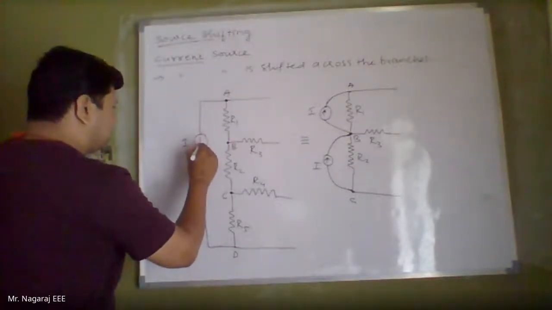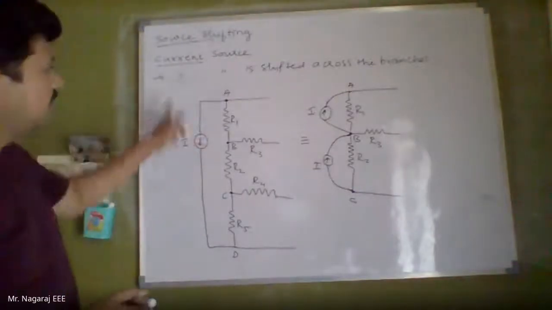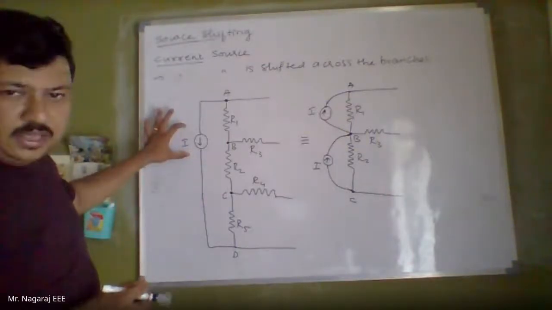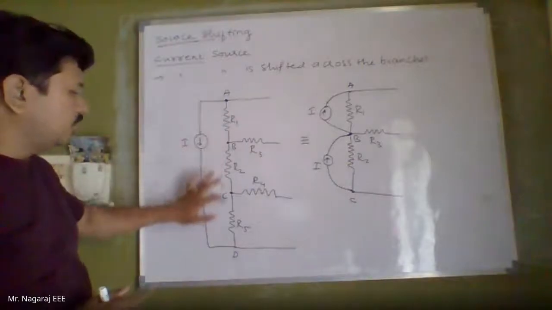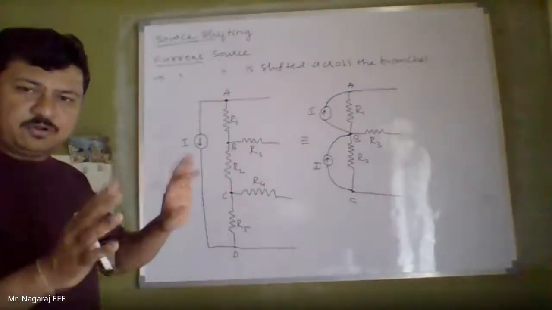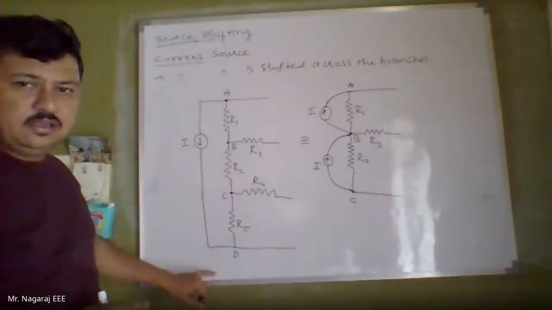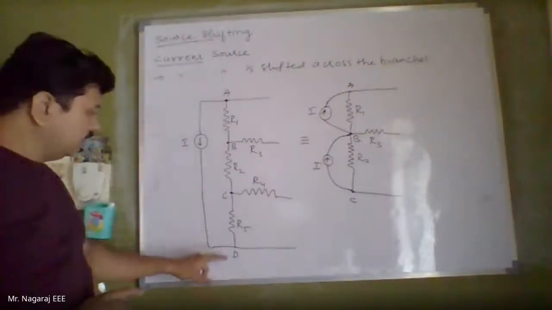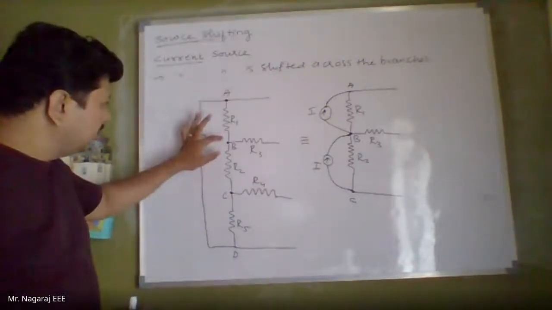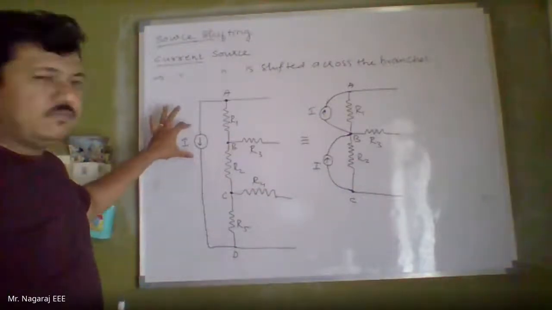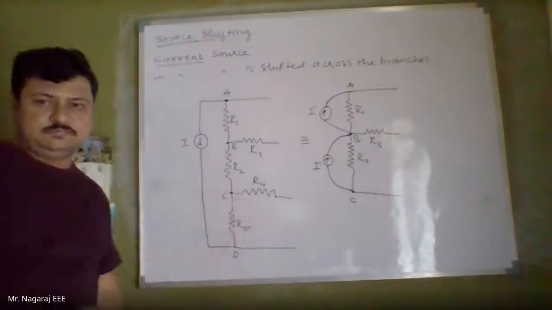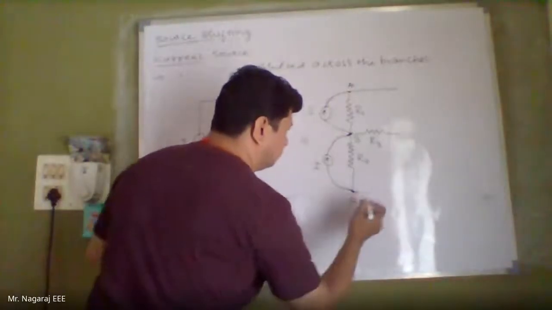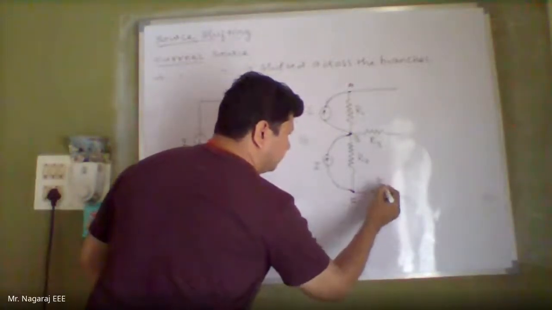Now current is leaving from node A and entering node D. And across this current source of I amps, I have 3 branches of R1, R2, and R5, and I have 4 nodes A, B, C, D. At node A, the current is leaving, the current I am talking about. At node D, the current is entering. And at node B and node C, this current of I amperes is not playing a role directly. So what can I do now?